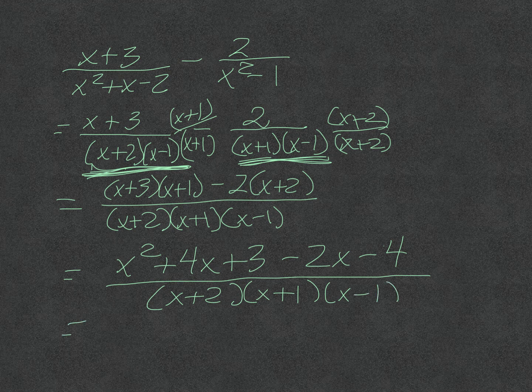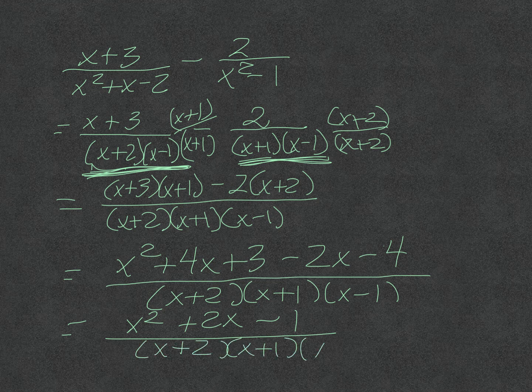At this point, I can subtract x squared plus 2x minus 1 over x plus 2, x plus 1, x minus 1. Now I have to check if the numerator can factor, and I can cancel. But since this is negative 1, I only get minus 1 plus 1. And so x minus 1 times x plus 1 is x squared minus 1, not x squared plus 2x. So this is all the way simplified, and I'm completely done.